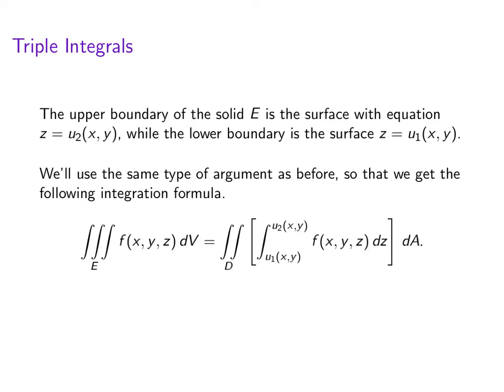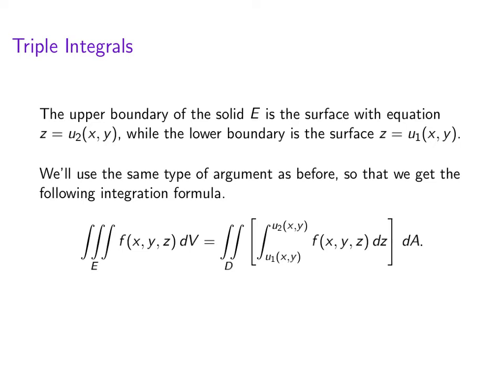The triple integral of f over E will be the double integral over D. Remember that D is the projection of E into the xy plane, of the single integral from u1 of xy to u2 of xy of f of xyz dz.